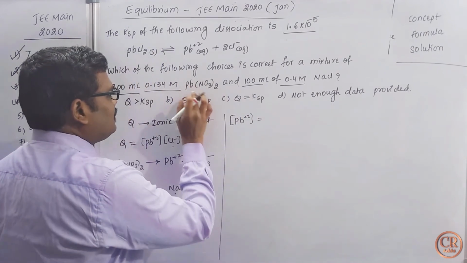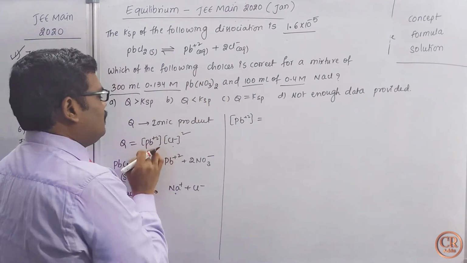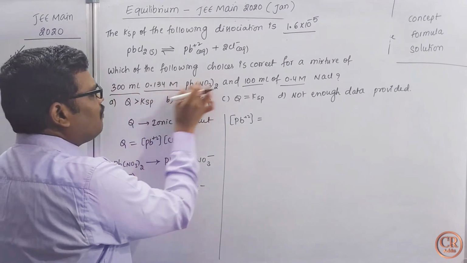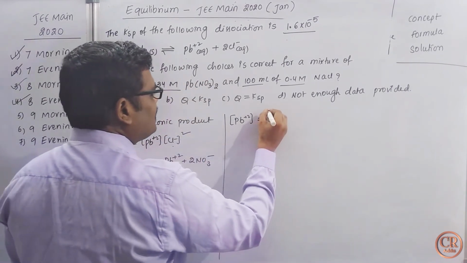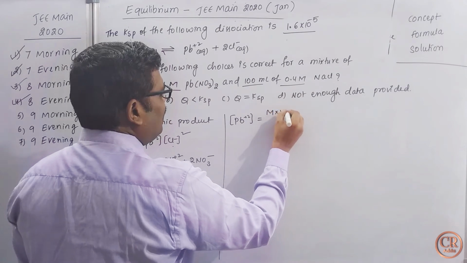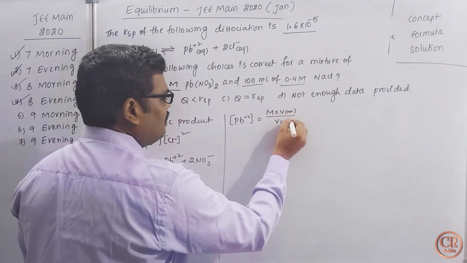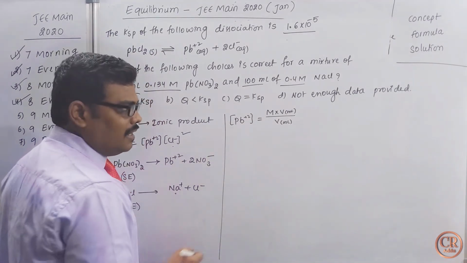To calculate concentration of lead ion in 400 ml, first we have to calculate millimoles of lead nitrate given. Millimoles of lead nitrate given is molarity into volume in milliliter, divided by total volume in milliliter. Then this gives concentration of lead ion.